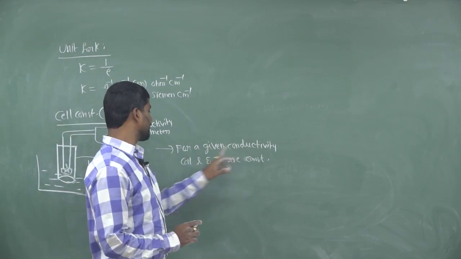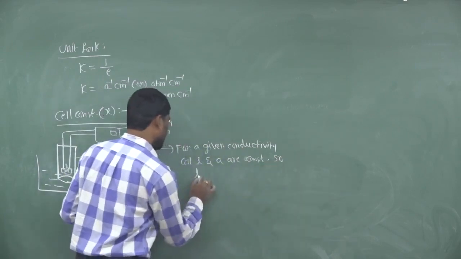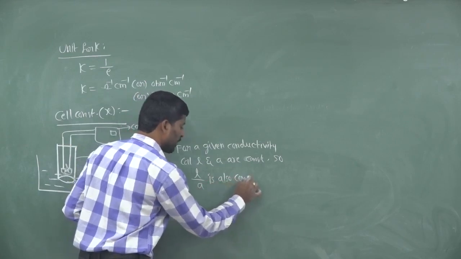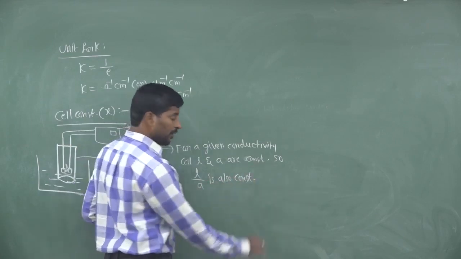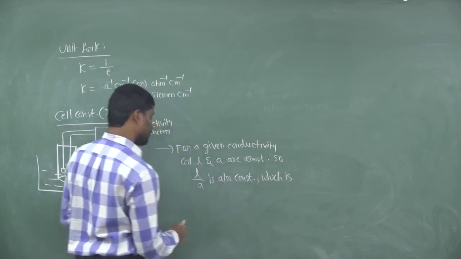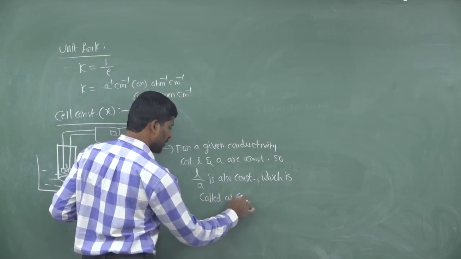For a given conductivity cell, L and A are constant, so L by A is also constant, which is called the cell constant.